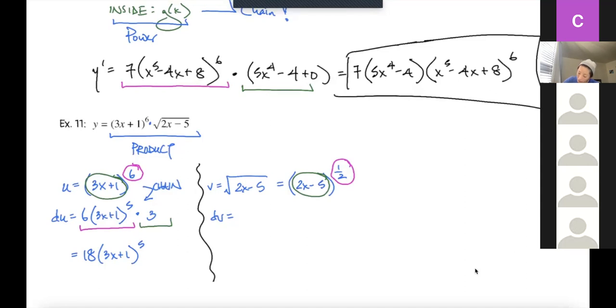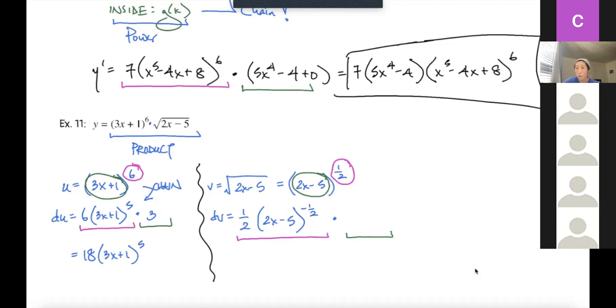So if we find our derivative, we'll get 1/2 (2x minus 5) to the negative 1/2. That's going to be my derivative of the outside function, times the derivative of the inside function.